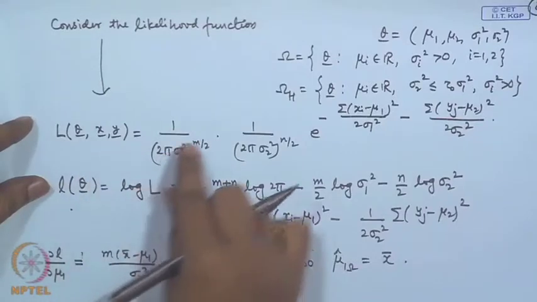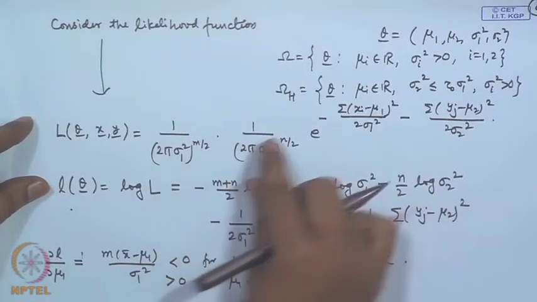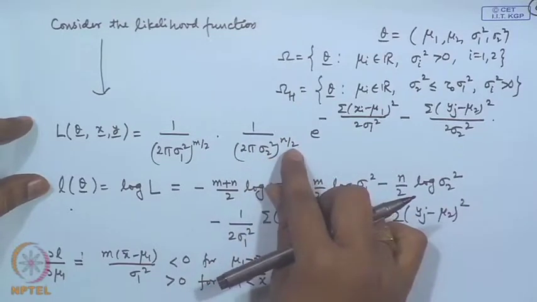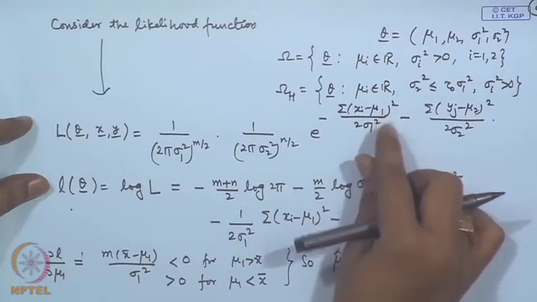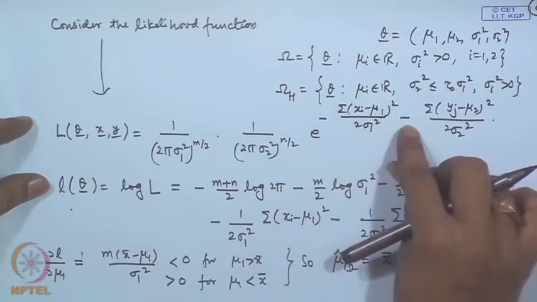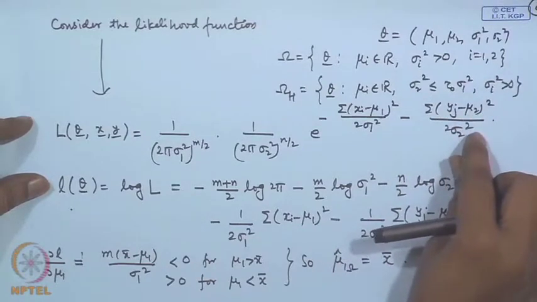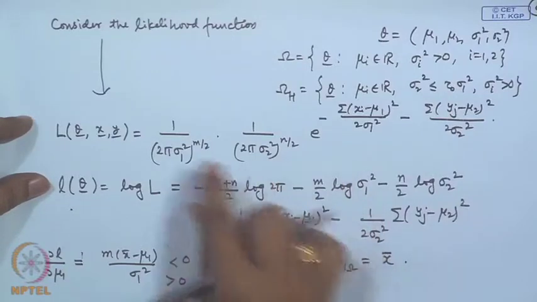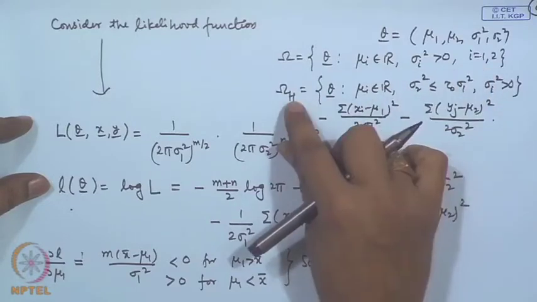The likelihood function is given by 1 by 2 pi sigma 1 square to the power m by 2, 1 by 2 pi sigma 2 square to the power n by 2, e to the power minus sigma x i minus mu 1 square by 2 sigma 1 square minus sigma y j minus mu 2 square by 2 sigma 2 square. In the previous problem, I considered the maximization of this likelihood function over omega and omega h.